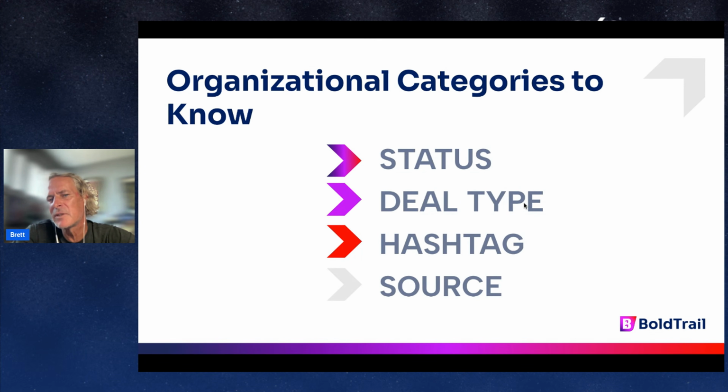And then, of course, we have deal type, right? Buyer, seller, renter. And I know at EXP, unless something's changed, there's some incentive to recruit new EXP professionals. We even have an agent type, if that's your thing. Hashtags are where we create our own statuses, our own deal types, our own categories, our own way to call them whatever you want.